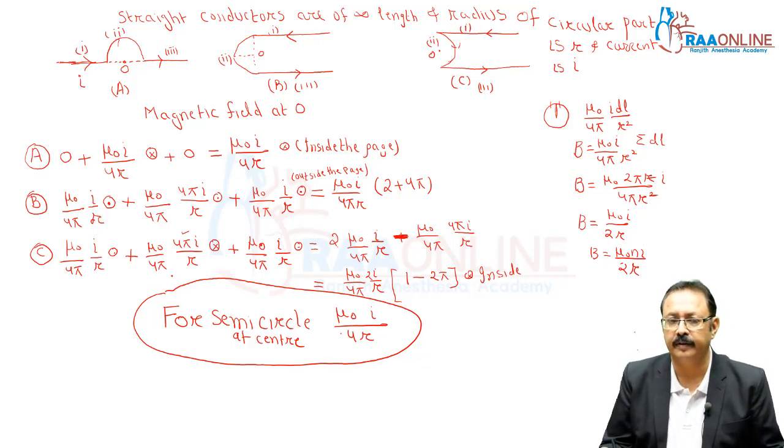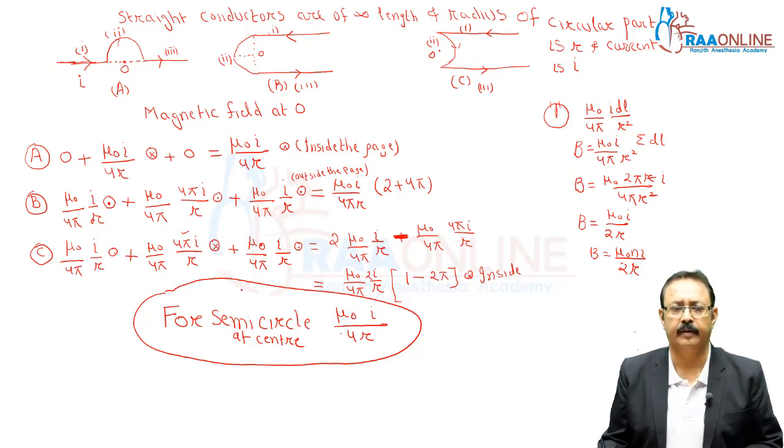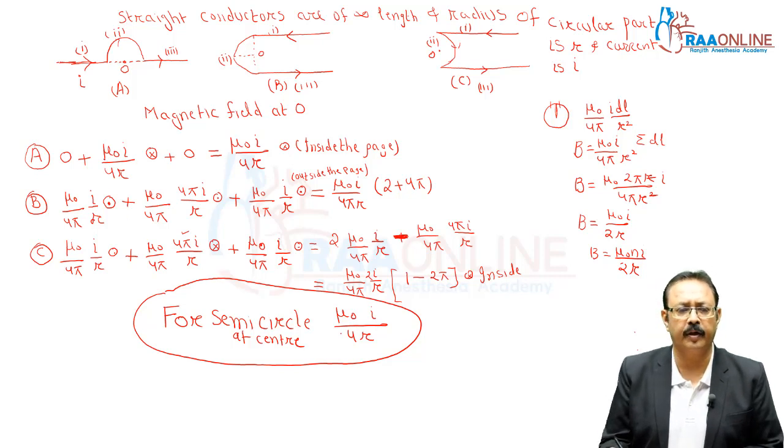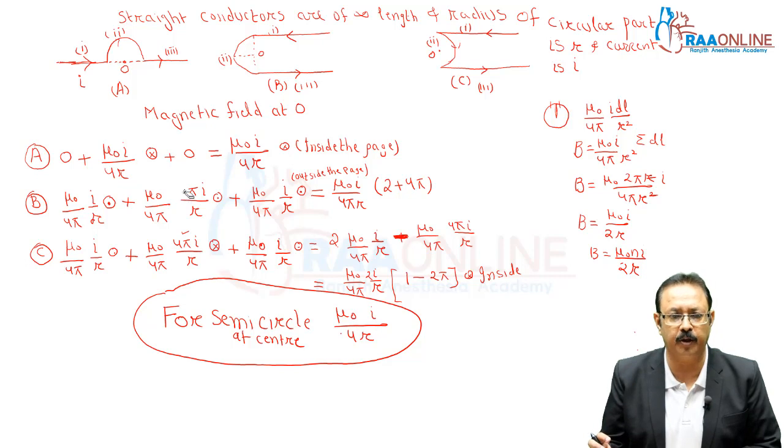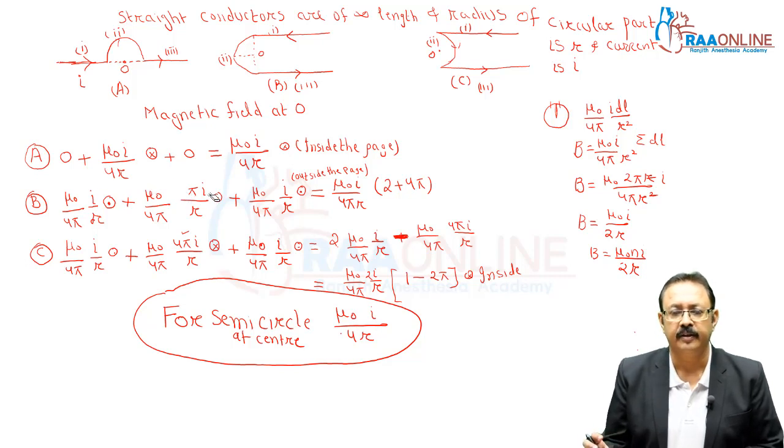Mu naught I by 4r. Mu naught I by 4r. We multiplied by pi, and in the numerator 4r was there. So in the numerator it should be pi only.